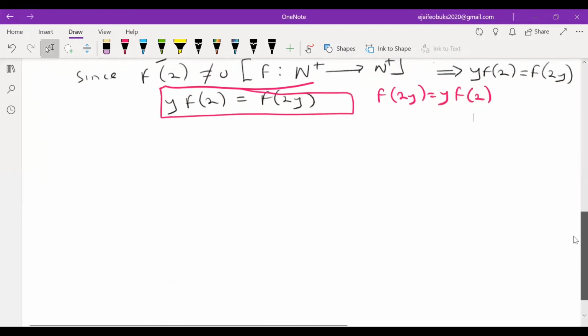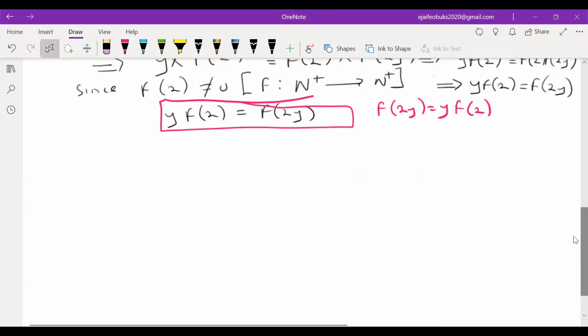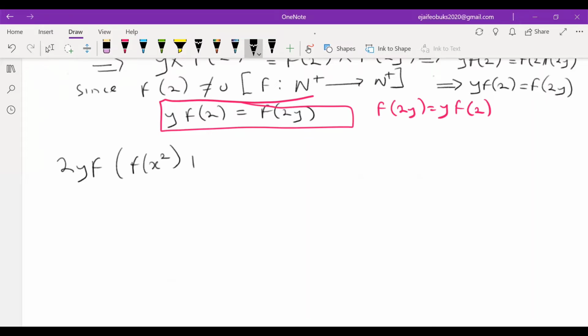So let's come back to our original equation now. That was the problem statement: 2y into f of x squared plus x is equal to f of x plus 1 into f of 2xy.